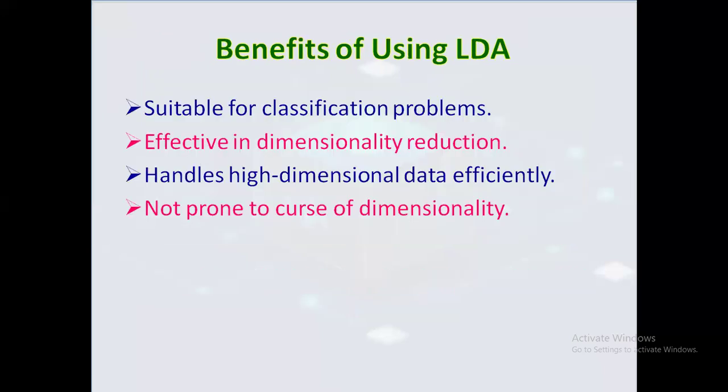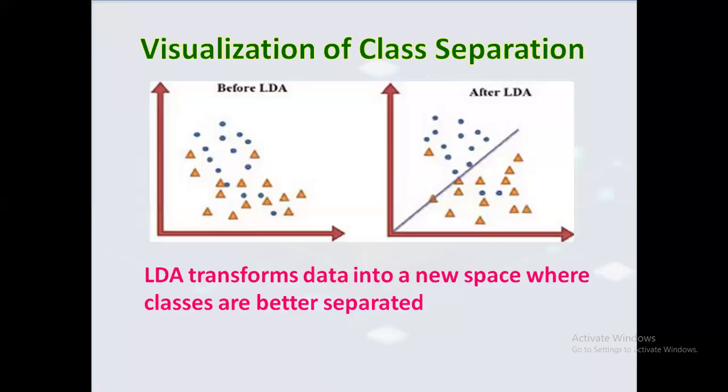So what are all the benefits of using LDA? LDA is highly useful for classification problems because it improves the decision boundary between the classes by reducing the overlap. If you look at this graph, before applying LDA, there may be a lot of overlapping. But after applying this LDA technique, we can reduce the overlapping.